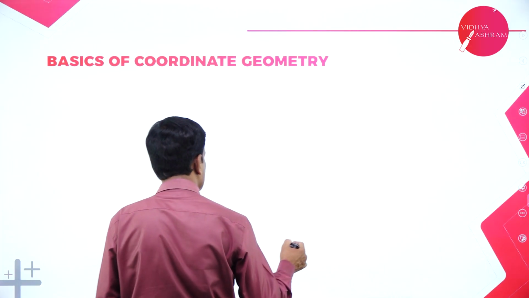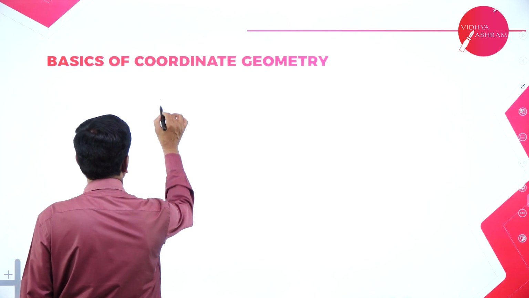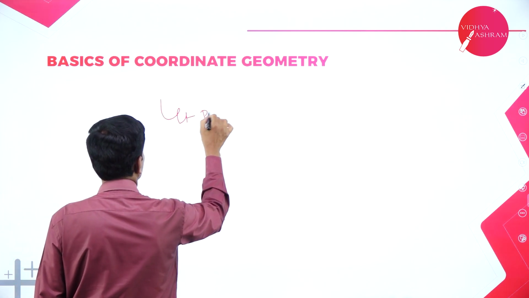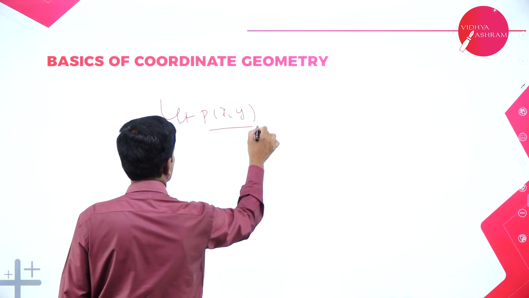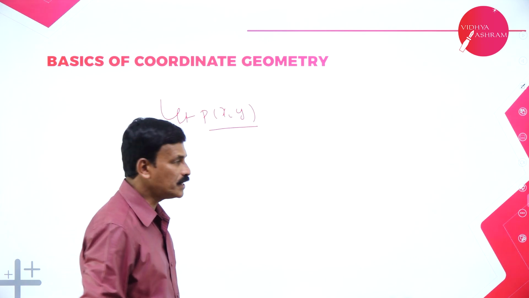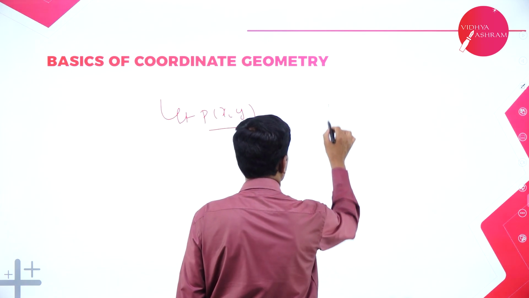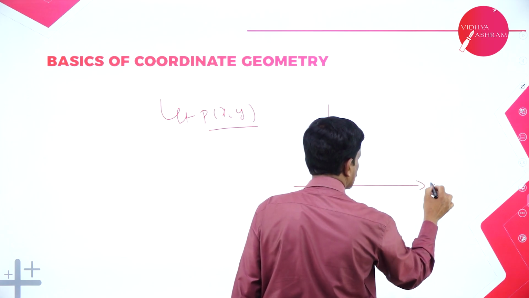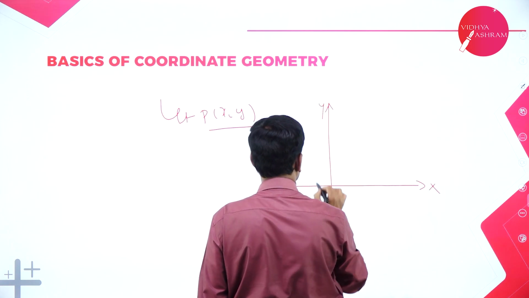So in analytical geometry you might have studied, any point, the ordered pair P(x, y), is regarded as a coordinate, x coordinate and y coordinate. So this is x axis and y axis, origin.